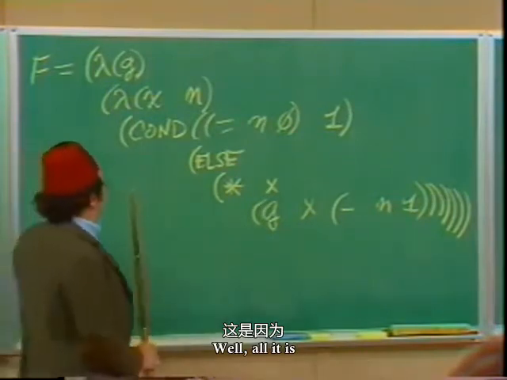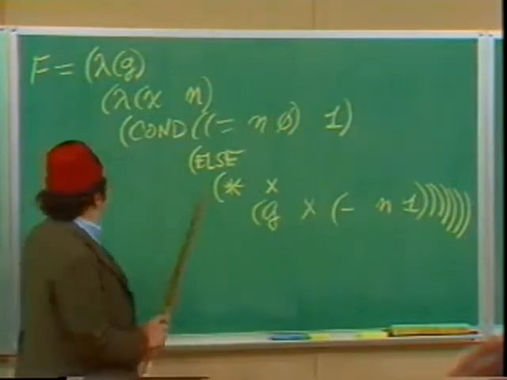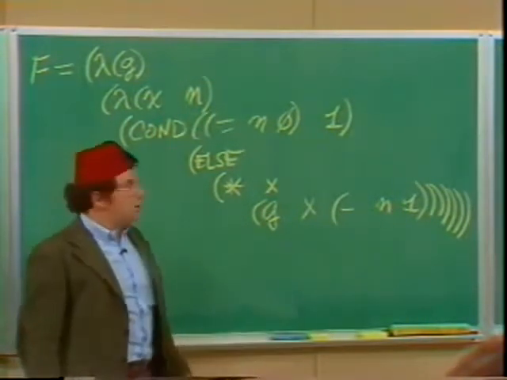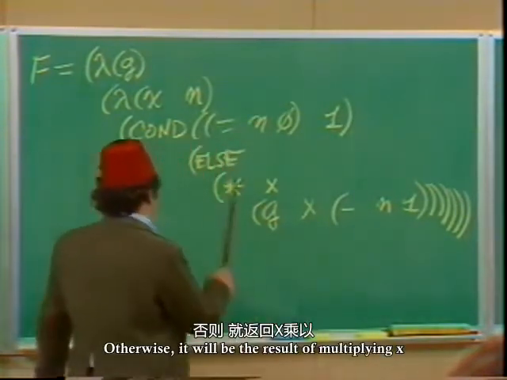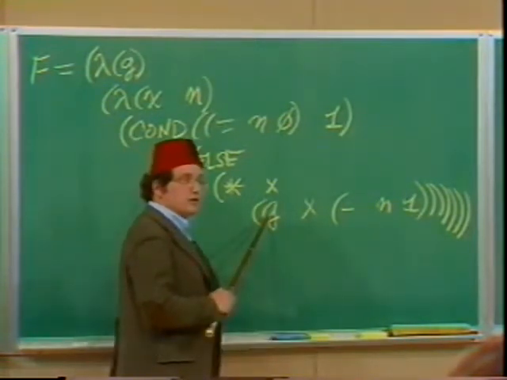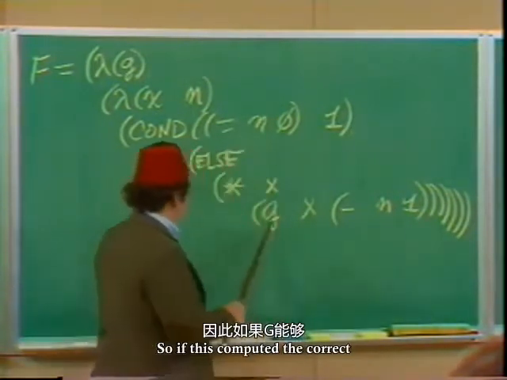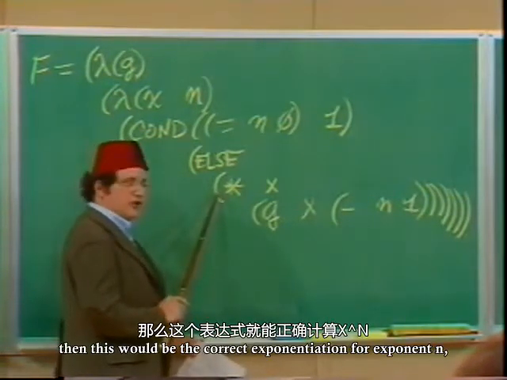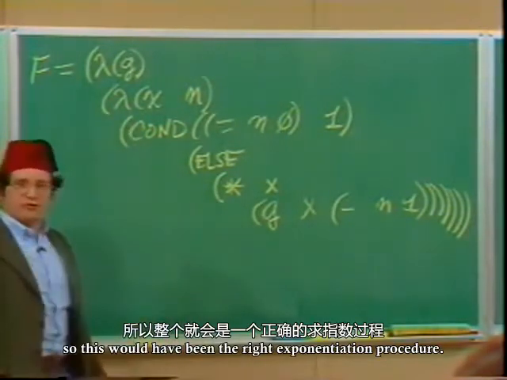Supposing g were a good exponentiation procedure, then this would produce, as its value, a procedure of two arguments x and n, such that if n were 0, the result would be 1, which is certainly true of exponentiation. Otherwise, it would be the result of multiplying x by the exponentiation procedure given to me with x and n minus 1 as arguments. So if this computed the correct exponentiation for n minus 1, then this would be the correct exponentiation for exponent n. So this would have been the right exponentiation procedure.